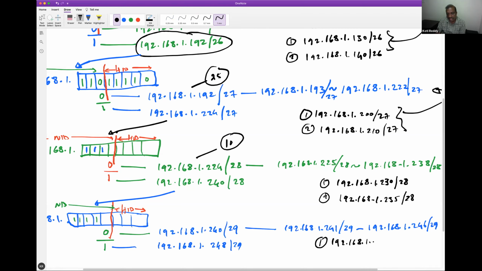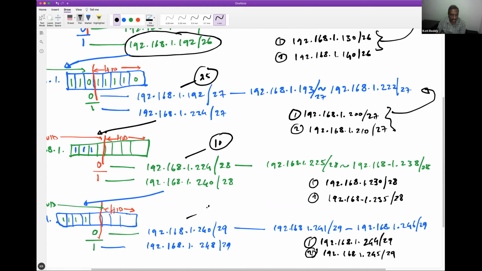Maybe I take, say, 244/29, and then I take 192.168.1.245/29. This is for the 5 host network. I would like to take like this.